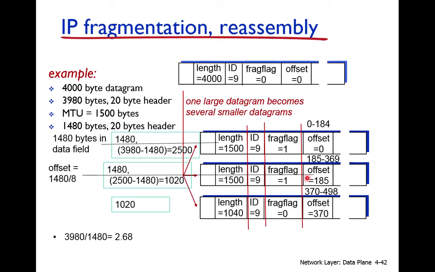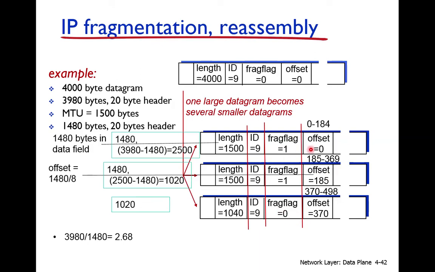So you can see how this identifier, fragment offset, and length are used when a large packet is divided into smaller ones. When these smaller packets are received, the identifier means that all these packets belong to the same packet.